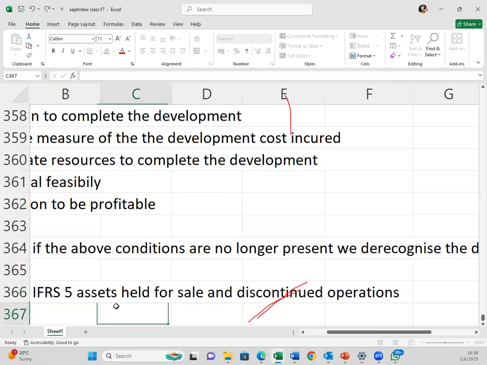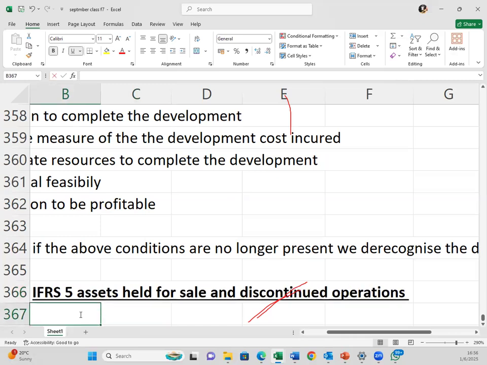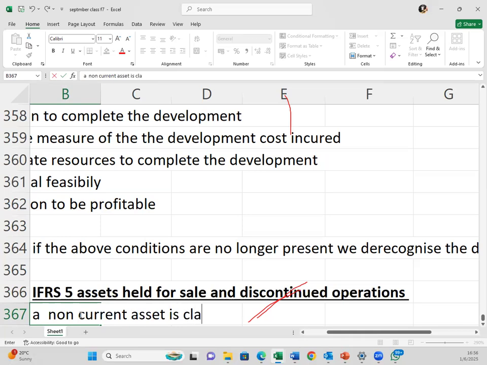So the assets held for sale and discontinued operations. So a non-current asset, when do we classify it as being held for sale? A non-current asset is classified as being held for sale.